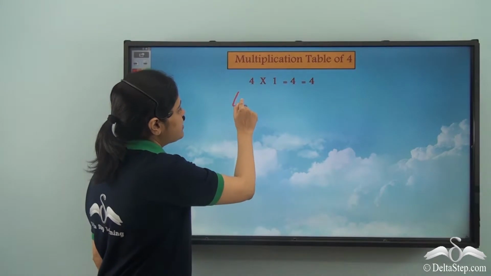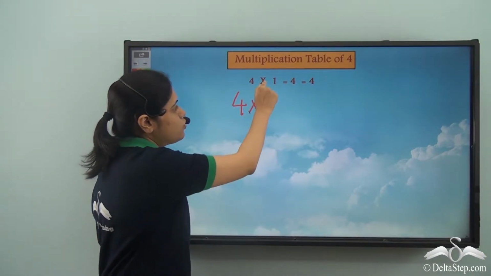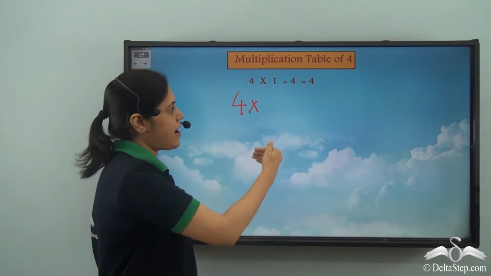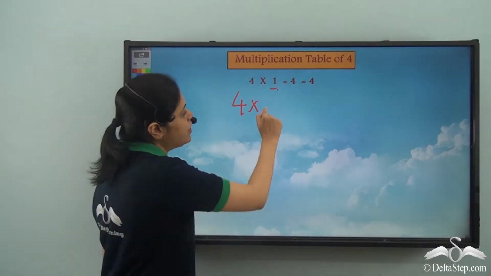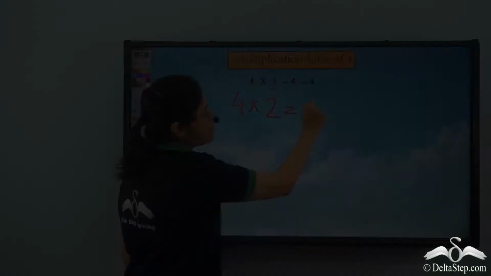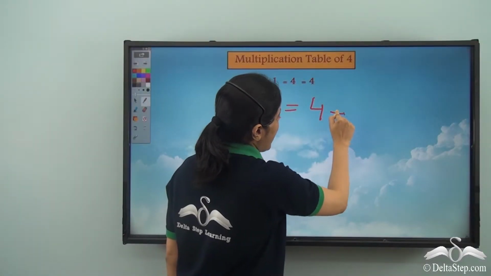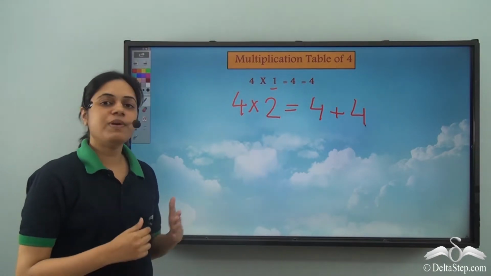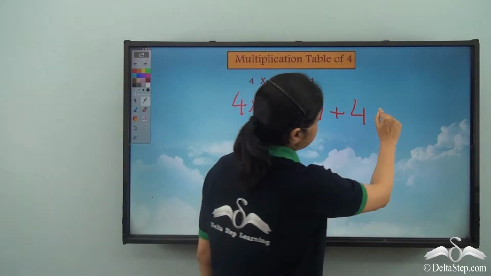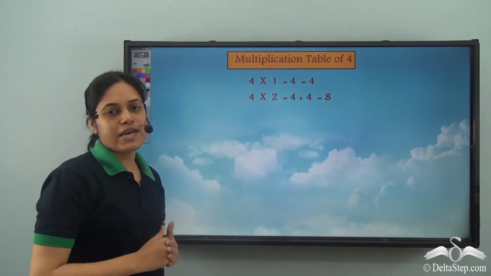Then this 4 remains the same, into 2. So the 1 keeps on increasing. This number keeps on increasing by 1. 4 into 2 is 4 added twice. 4 added twice is 4 plus 4, which is 8. So 4 into 2 is 8.